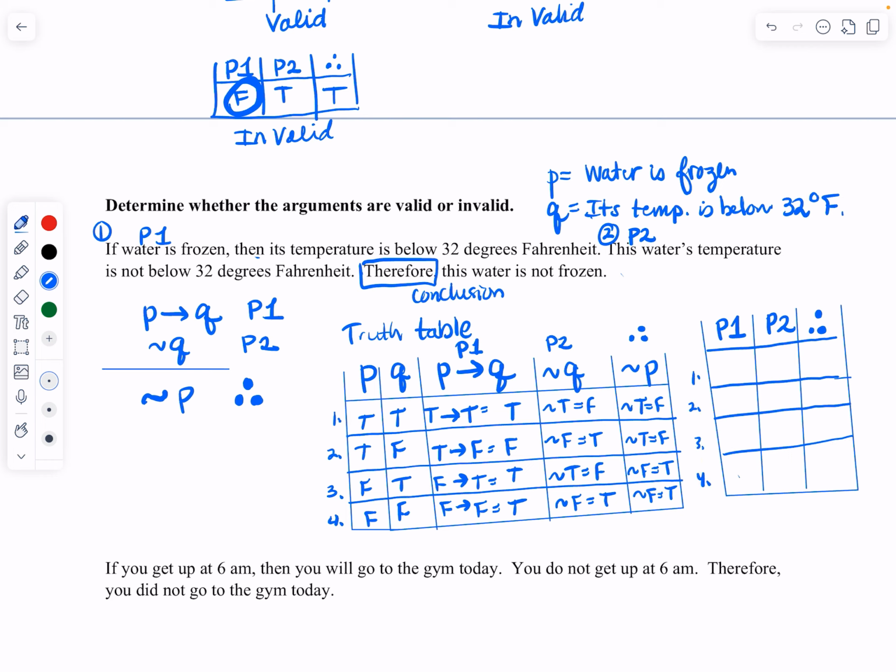All right, so P1 was true, false, true, true. I'm going to write that down. True, false, true, true. Okay, P2 is false, true, false, true. And conclusion is false, false, true, true.